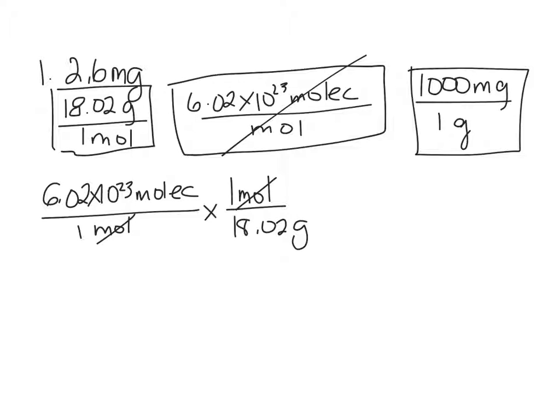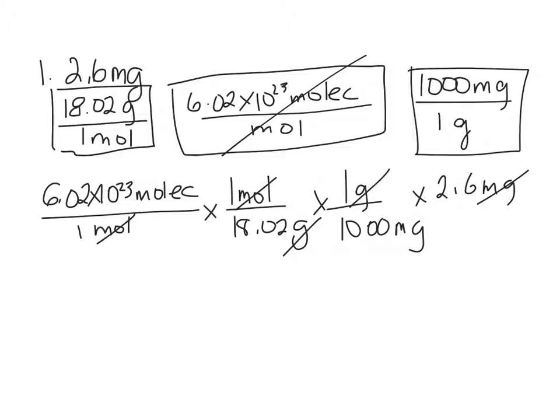We want to get rid of grams. What ratio has grams in it? First one. So 1 gram, 1,000 milligrams. Gram units cancel. But now we've got milligrams. We need to get rid of milligrams. So we multiply it by 2.6 milligrams. So that's on the top, that's on the bottom.